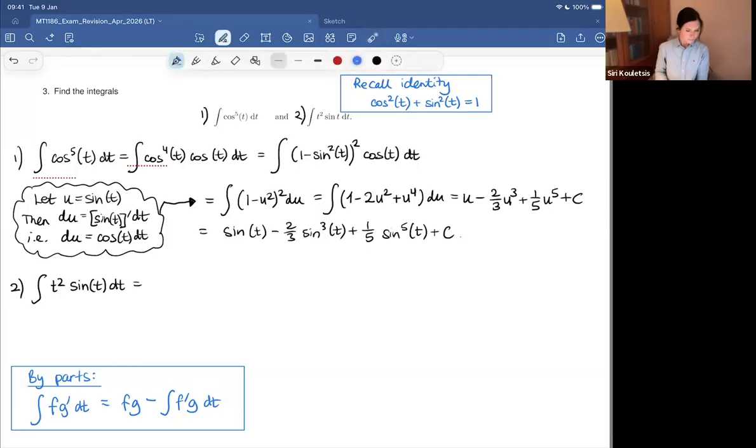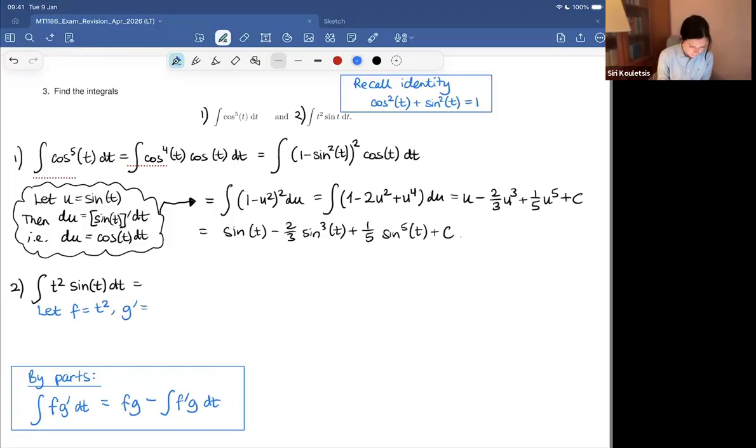But I'm going to let F equal t squared here. Why is that? Because then I know I'm going to differentiate F, and that power will come down so that instead of being a quadratic t squared, I'm going to get 2t, and that will not quite work, as you will see, but then we're going to do integration by parts again, and 2t differentiated is the constant 2, and then we're in good shape.